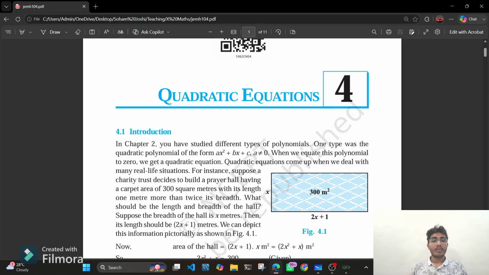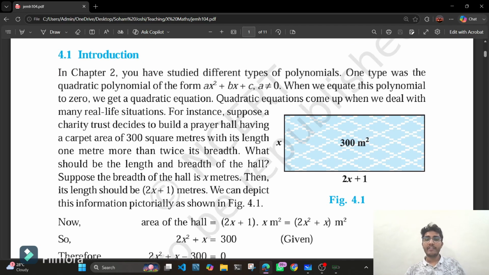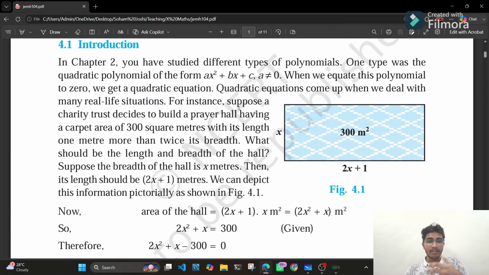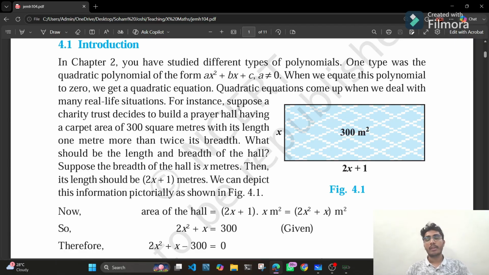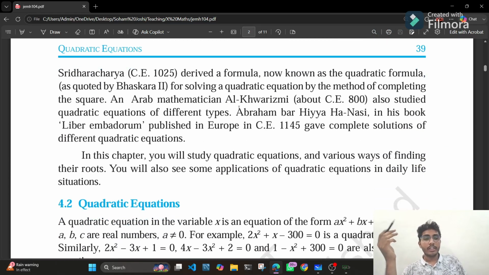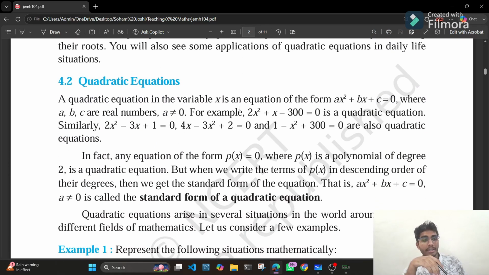I hope this is clear. Here in the PDF also, we can see that when we equate this polynomial to 0, we get a quadratic equation. Quadratic equations come up when we deal with many real life situations. You will go through many examples in this chapter that deal with real life situations where we need to use polynomials. So moving further, we'll see what quadratic equations are.